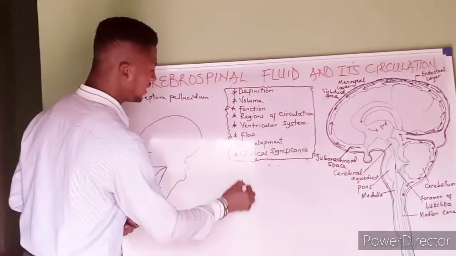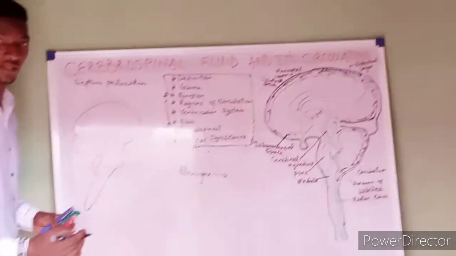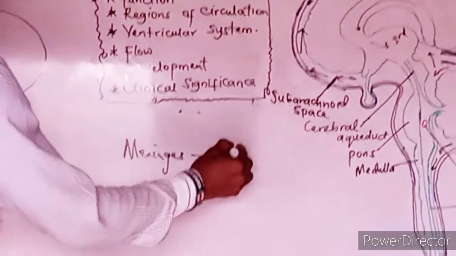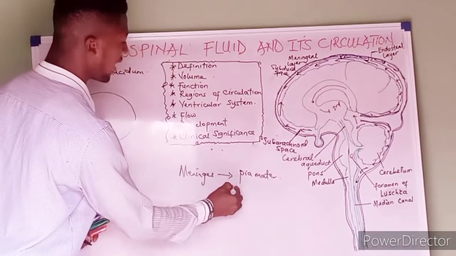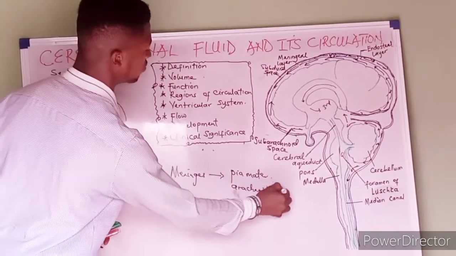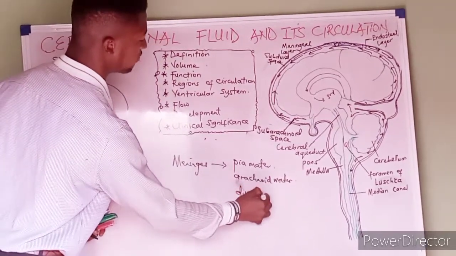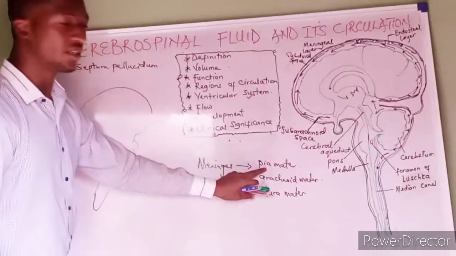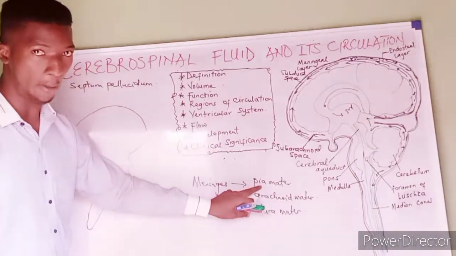So meninges are layers that cover the brain and spinal cord. These three layers are the pia mater, the arachnoid mater, and the dura mater. The closest layer to the brain and spinal cord is the pia mater.